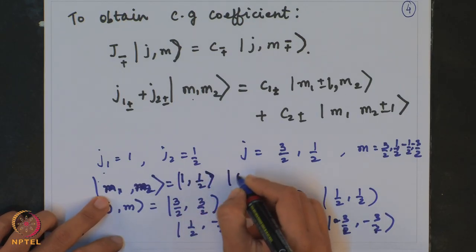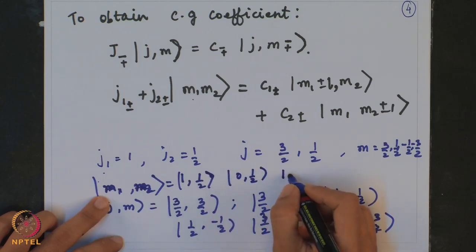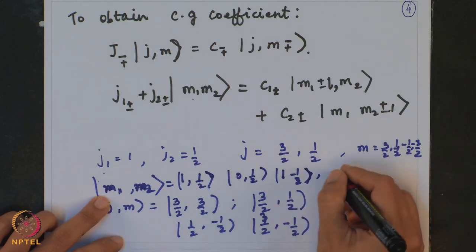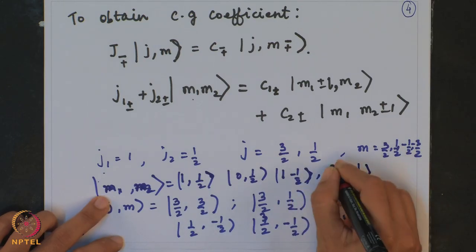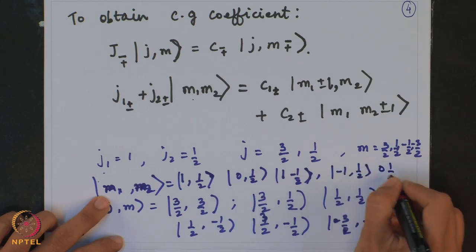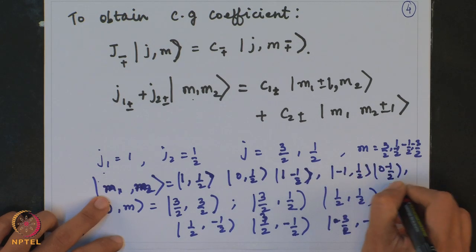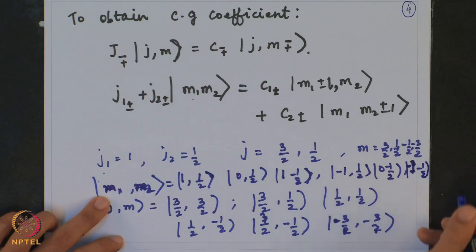The second will be 0 and 1/2, then third will be 1 and -1/2, then fourth you can have -1 and 1/2, or you can have 0 and -1/2, or you can have -1 and -1/2. So that will give me -3/2.